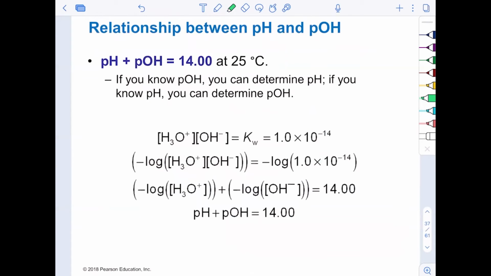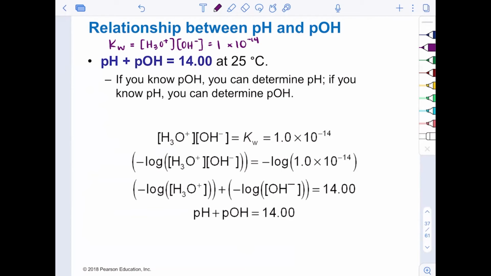The relationship between pOH and pH is very important to note too. Just like the Kw is equal to the hydroxide concentration times the hydronium concentration, sorry, I said that backwards, and that is equal to 1 times 10 to the negative 14, the pH plus the pOH is going to be equal to 14 at 25 degrees Celsius.